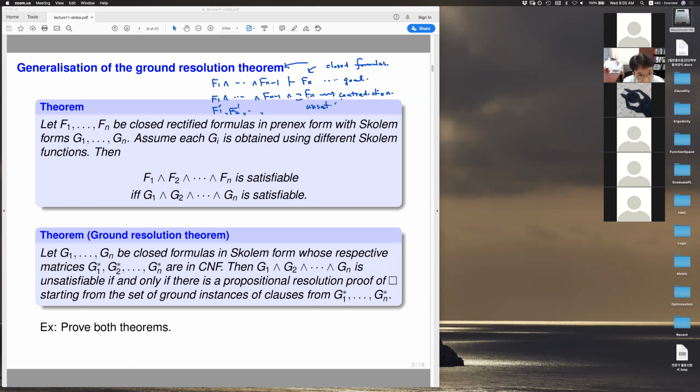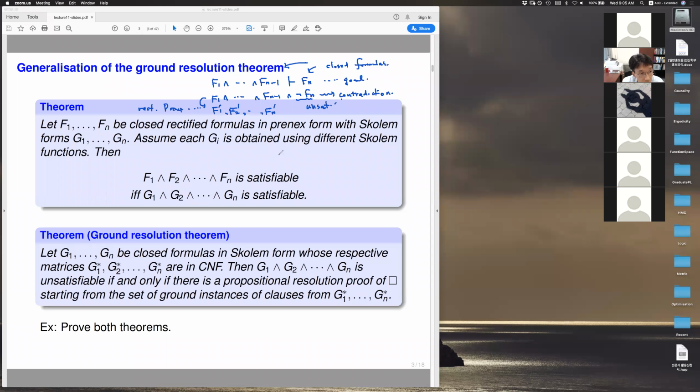For the converted formula, I will just write it as Fn prime, which is equivalent to the negation of Fn. So we change the above into the one below, which is going to be rectified prenex.